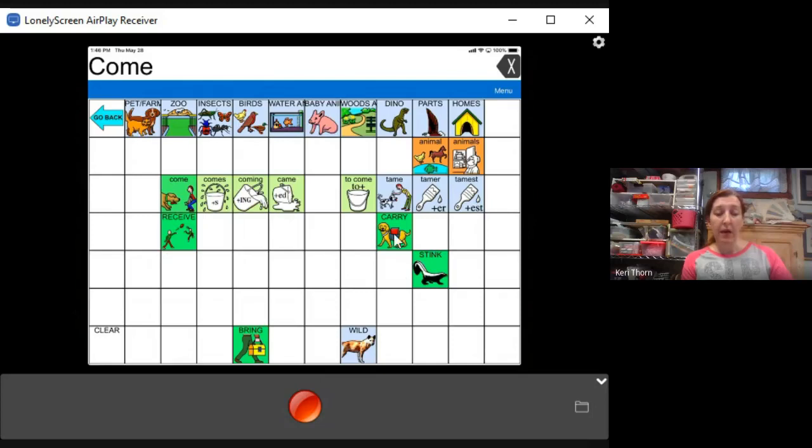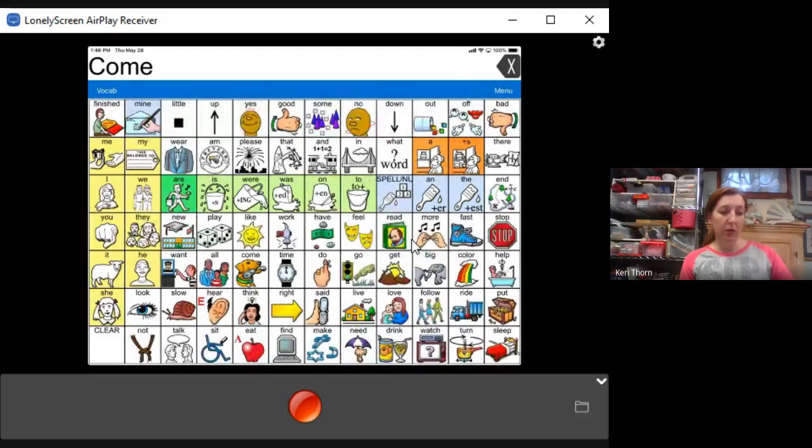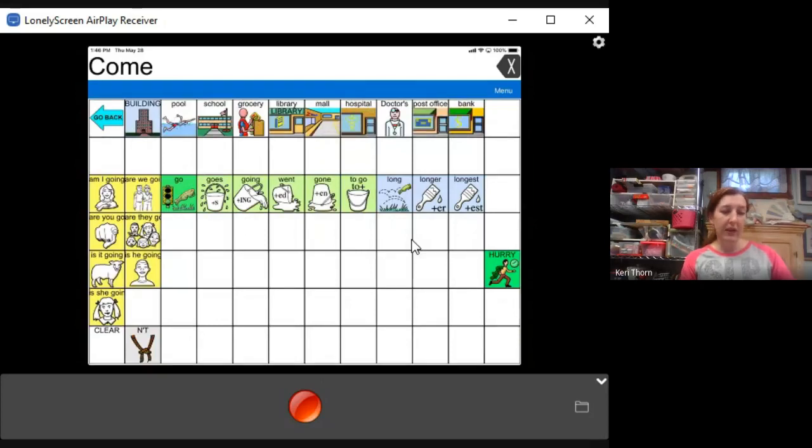We've added some additional adjectives and things that would be associated with it. But if we look at other words too, if we go to go, again, that location is still the same for the verb, and then everything else is built around it. So you are building up that vocabulary.